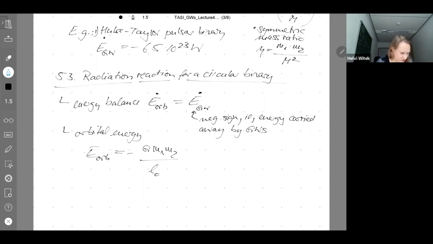Good. So if we insert that in the balance law, we can study what the change in the orbital separation is. So that's the first bit. And here I'm just writing down the differential equation that we will find.